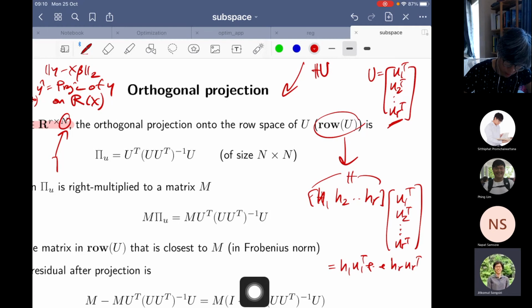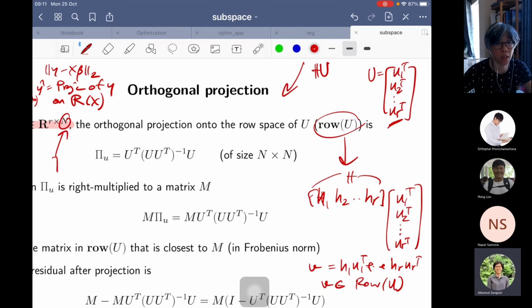This vector, I call it V. We say that this V is in the row space of U because it is a linear combination of rows in U. You get a matrix in the row space of U when you multiply some matrix H on the left hand side of U.